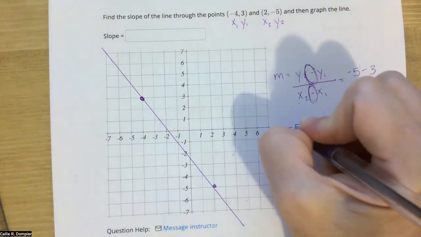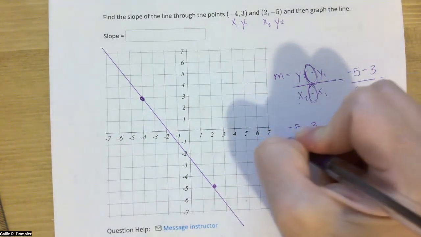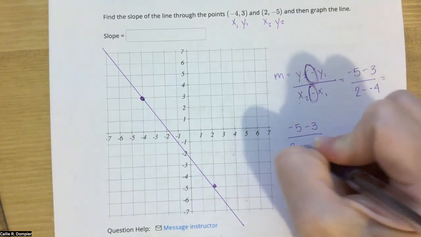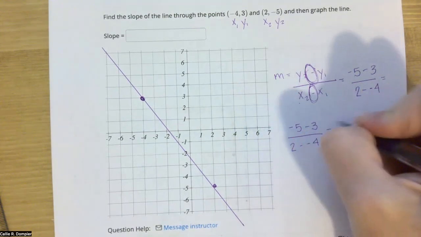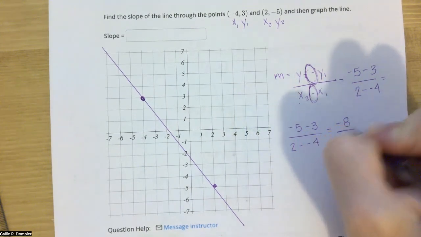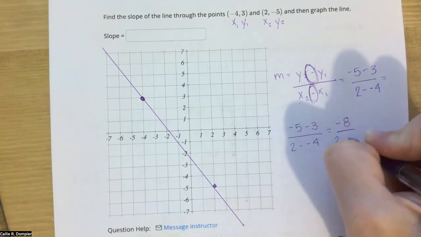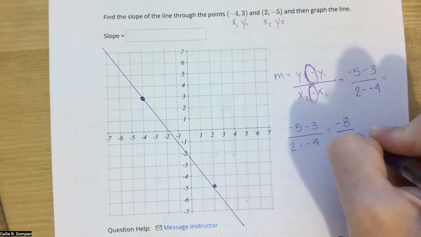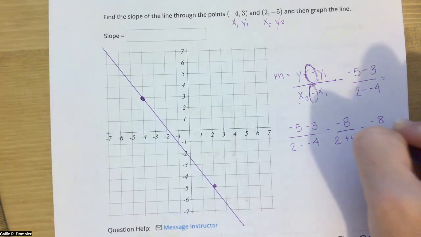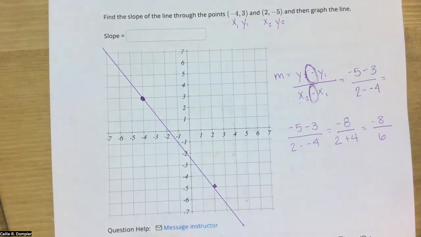Good. -5 minus 3 divided by 2 minus -4 is -8 divided by 2 minus -4 becomes 2 plus 4. So that's -8 over 6.